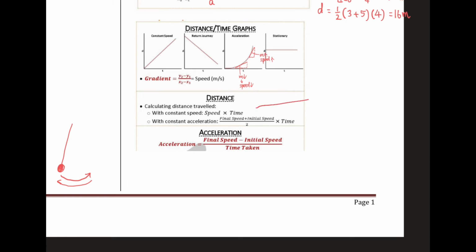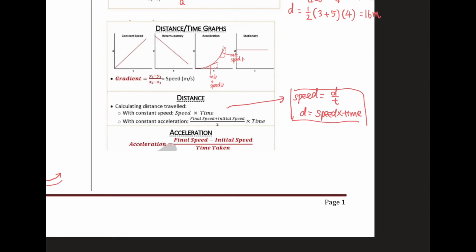That time we learned speed equal to distance divided by time. Now we just rearrange the formula. Distance equal to speed multiplied with time. So this formula is true when there is no acceleration. If there is acceleration, then you cannot use this formula anymore. You have to use a different formula.